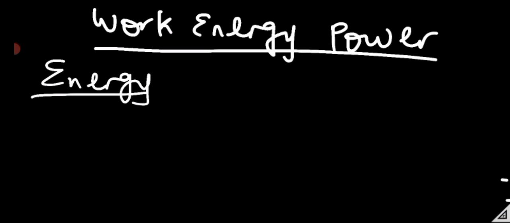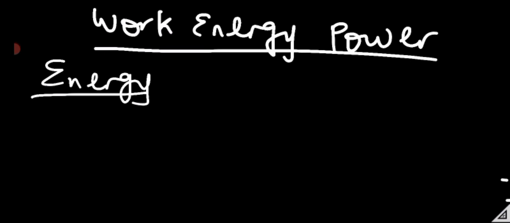Energy is the capability to do work. So we are through with work, we are on energy now. Energy is the capability to do work, or you can say energy is the capacity to do work, right? So how able you are to do work is called what? Energy. It's not only related to human beings.